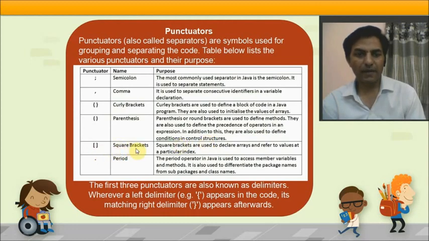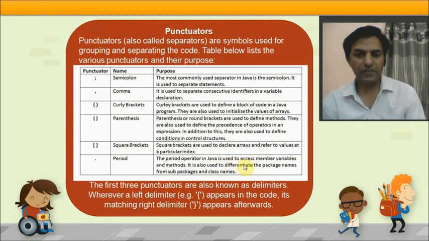Fifth one is square brackets. Square brackets are used to declare arrays and refer to values at a particular index. Sixth one is the dot or period. The period operator in Java is used to access member variables and methods.